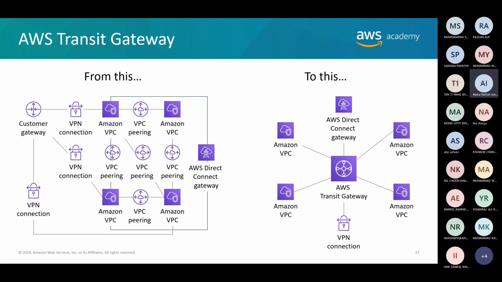And then yang dalam cloud, semua Amazon VPC connected to Amazon Transit Gateway. Either kita VPN connection ataupun AWS Direct Connect Gateway. Dan ini lebih laju lah.